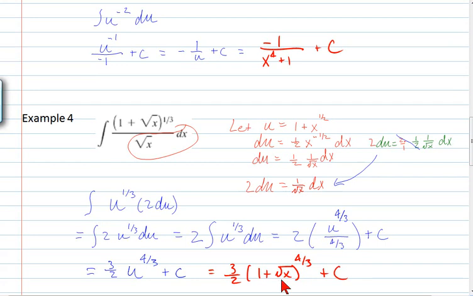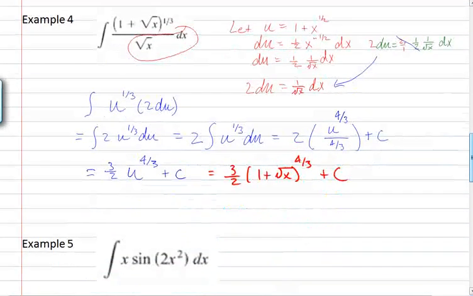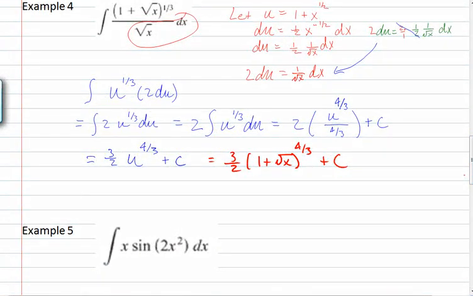Here, I don't care if you write x to the 1/2 instead of the square root. I know what you mean. I grade each of your tests individually, one problem at a time, so it's okay.